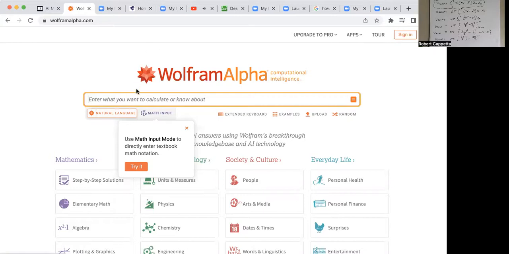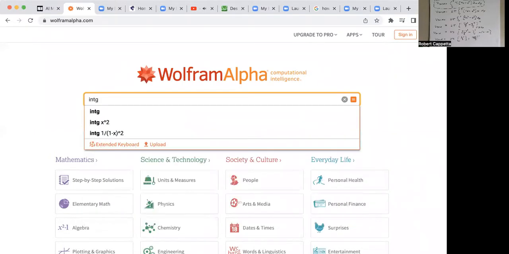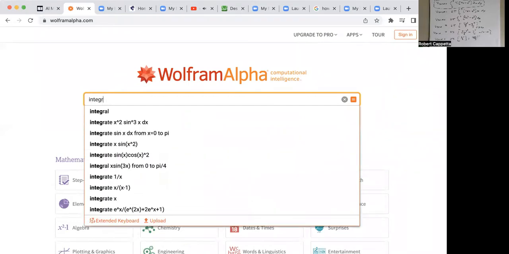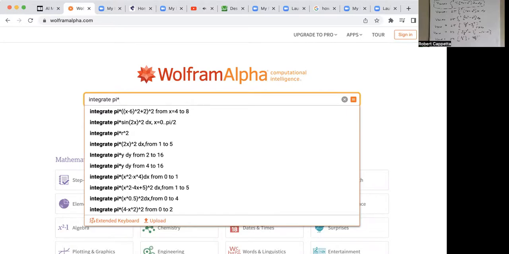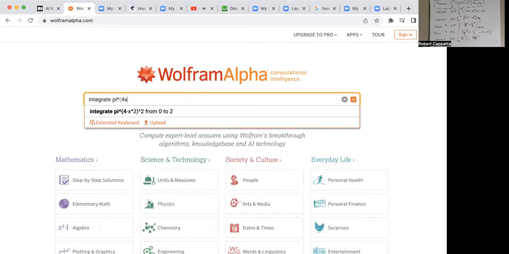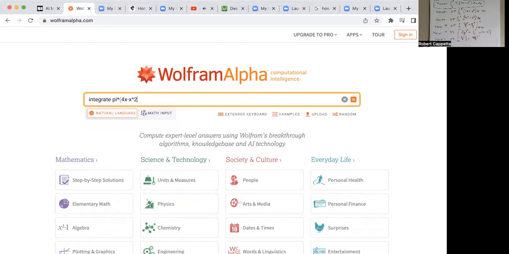Integrate my function here is pi times 4x minus x squared times 2x dx, whoops, capitals, as x goes from 0 to 4.